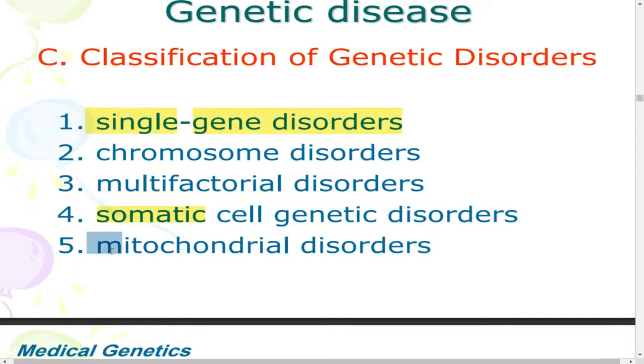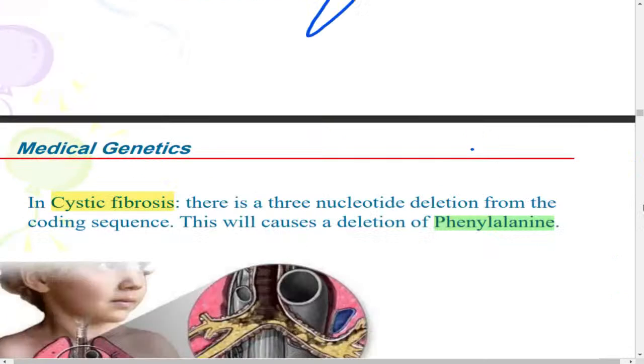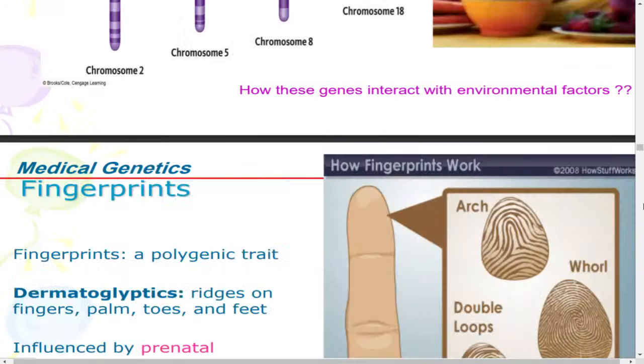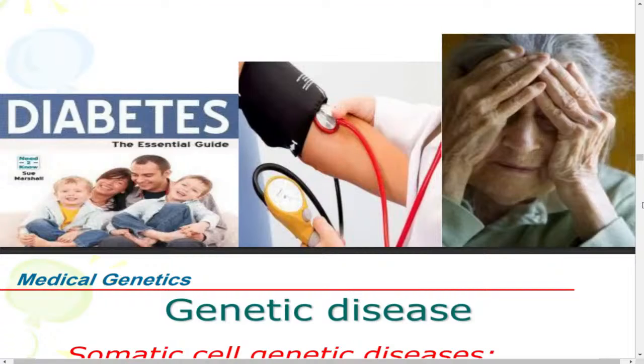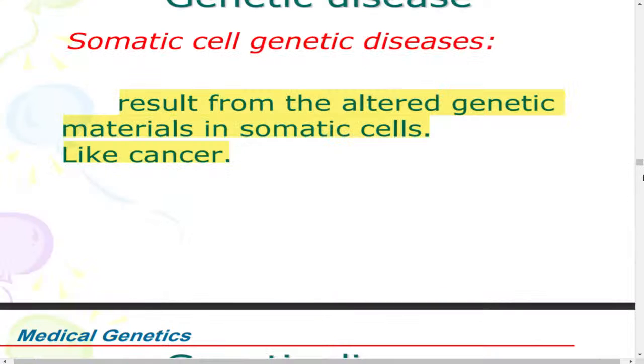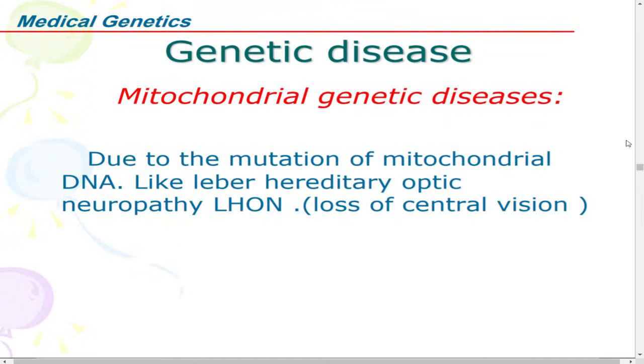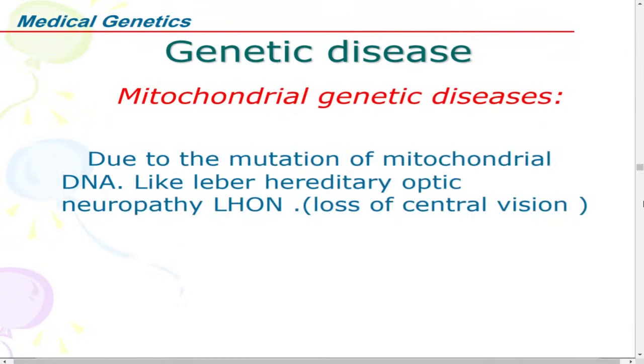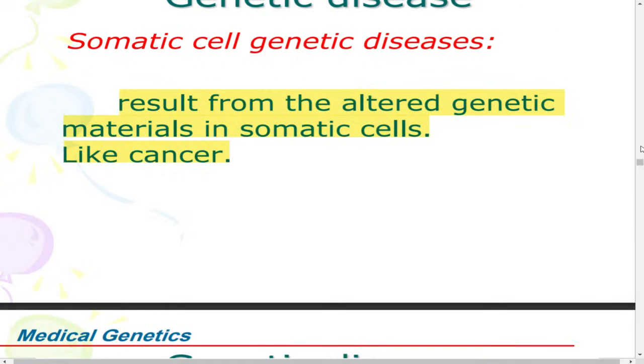After the somatic is the mitochondrial disorder: after single gene disorder, chromosome disorder, multifactorial disorder, and somatic, comes mitochondrial. This time we will talk about mitochondrial disorders. I don't think we'll finish all of this lecture. We will finish half of it in this live stream, and the other half in another live stream, of the medical genetics lecture.